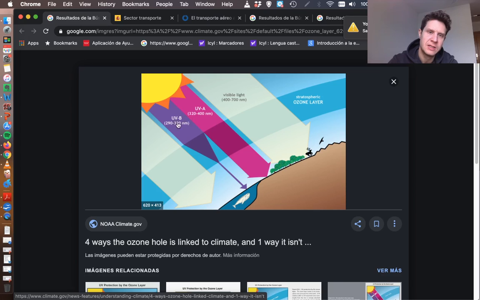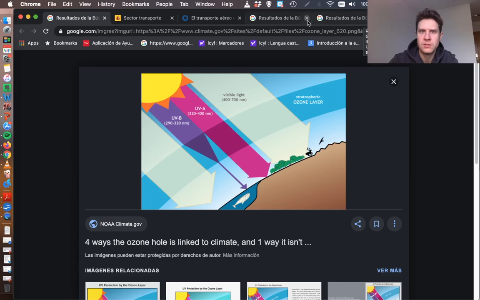No, it's blocking specifically the UV rays that protect us from cancer, skin cancer from the sun. But it doesn't block the UVA. Yes, so plants can do photosynthesis. Yes.